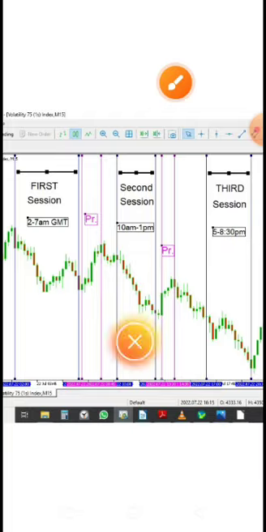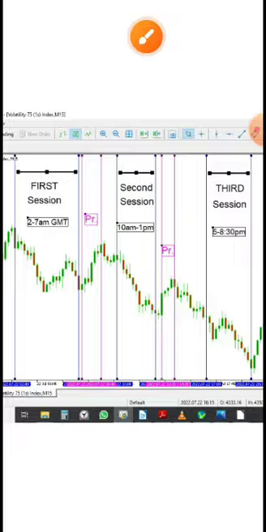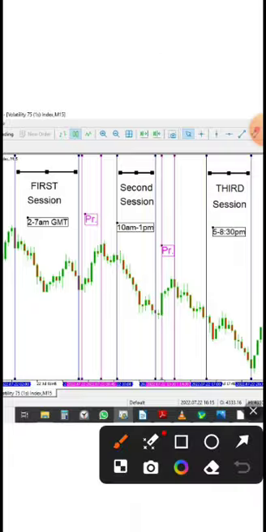Synthetic indices use GMT time, even for the demarcation of the beginning of the day. Remember that GMT is 2 hours behind Zimbabwe time and South Africa time, which are CAT, Central African Time.